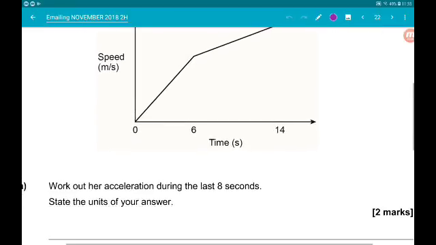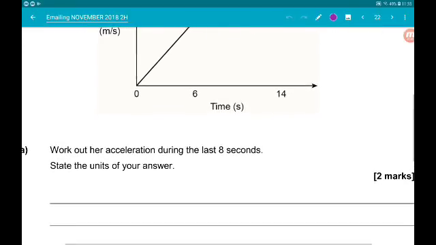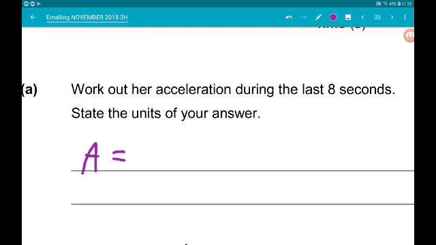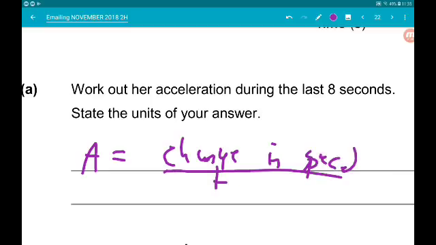Cool. Part A, 2 marks, wants us to work out her acceleration during the last 8 seconds, stating the units of our answer. Okay, so we know her speed at 14 seconds was 2 meters per second more than her speed at 6 seconds. So, acceleration is change in speed over time.